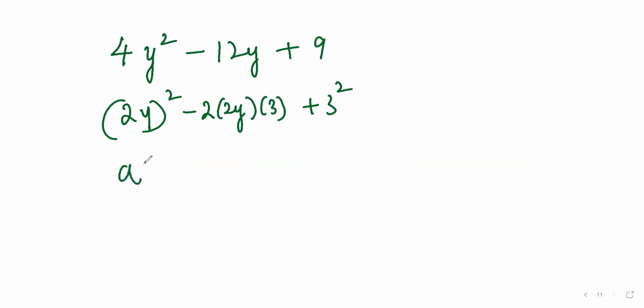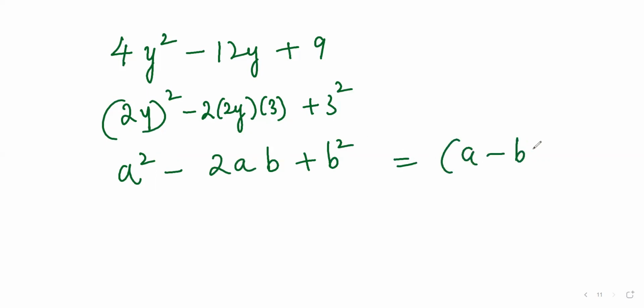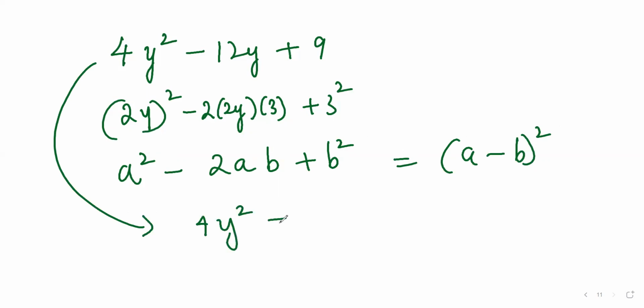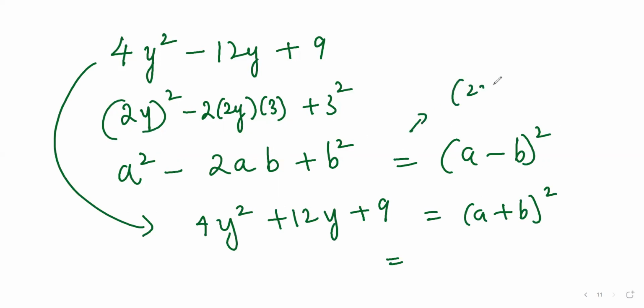What is the form? a square minus 2ab plus b square. What is it? It's a minus b the whole square. And if it's the other way around, suppose it's a plus, simple, it would be a plus b the whole square. In case 1, it is 2y minus 3 the whole square. And here it is 2y plus 3 the whole square.